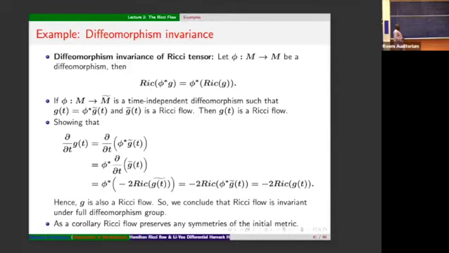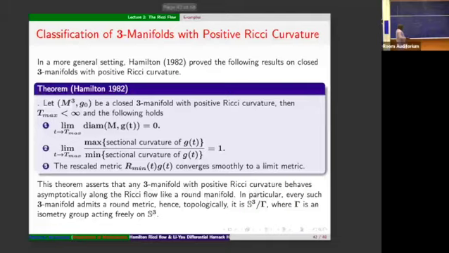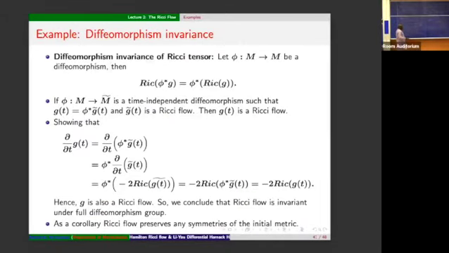If phi is a diffeomorphism between manifold M and M, and you have a metric here, then if we do a pullback, the Ricci curvature of the pullback of this metric is the pullback of the Ricci curvature of the metric.